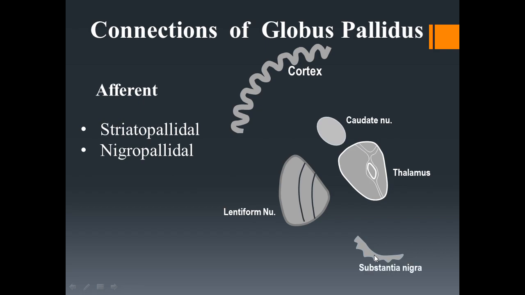From the neostriatum to the globus pallidus are the striatopallidal fibers. And second is the nigropallidal, from substantia nigra to the globus pallidus are the nigropallidal fibers.